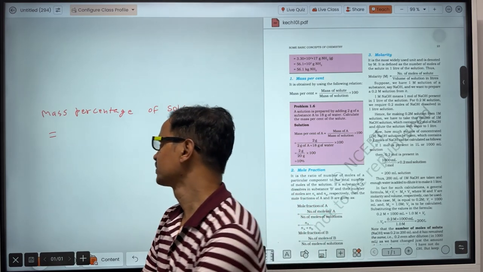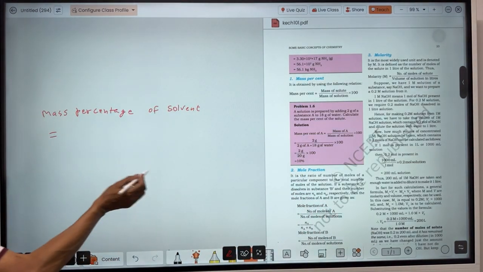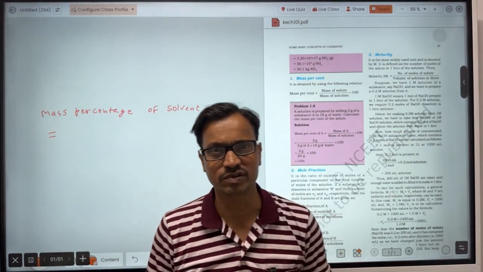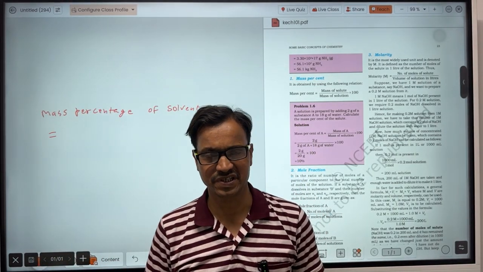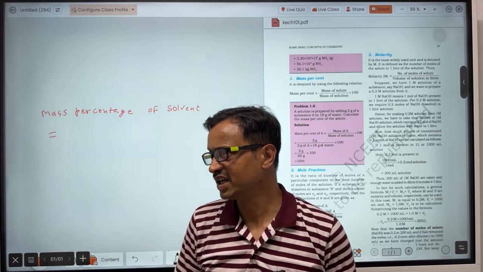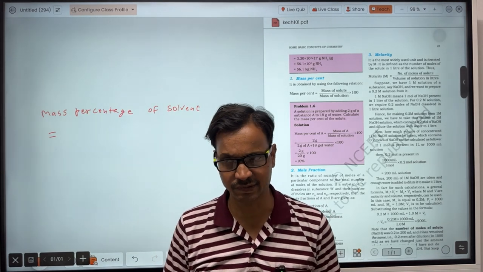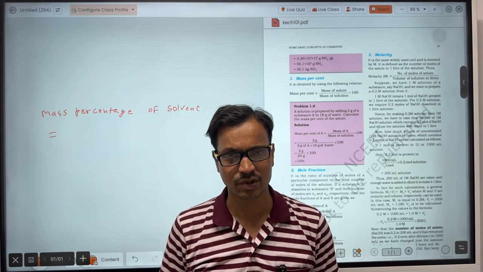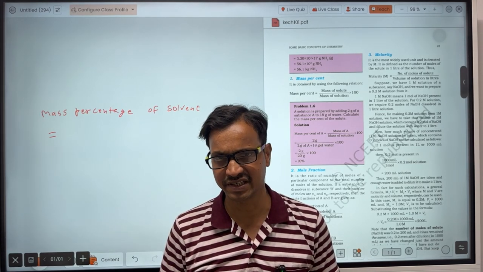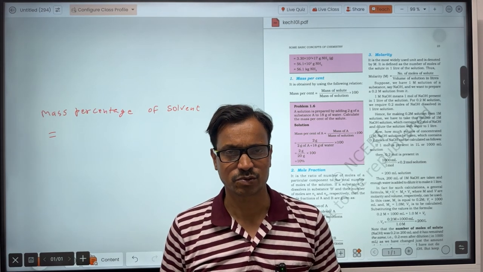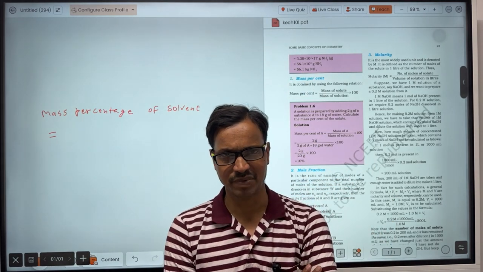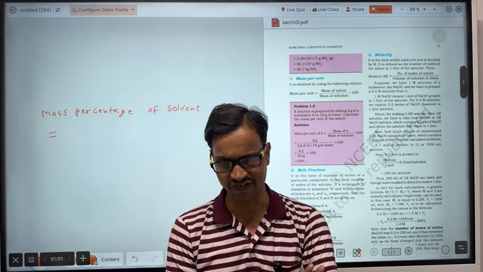In the same way, mass percentage of solvent will be equal to mass of solvent in gram upon total mass of solution in gram, and the total mass of solution will be equal to the mass of solute plus mass of solvent.